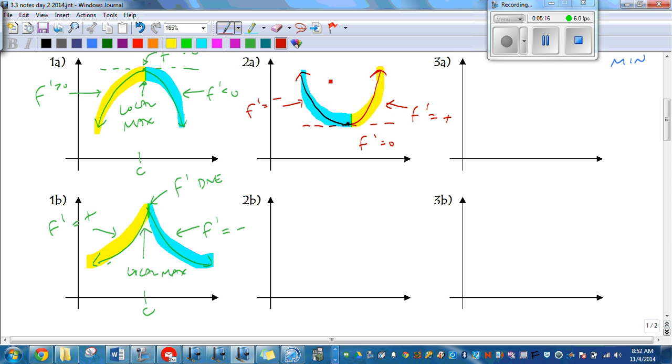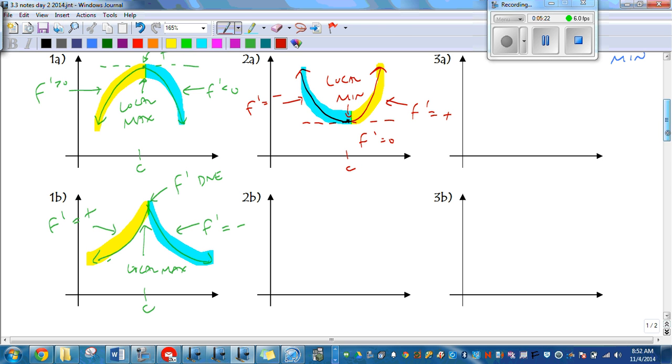So we end up with the local minimum at C. And again, we could have a sharp turn or a cusp at C where the derivative does not exist. But as long as it changes from a negative derivative to a positive derivative, then we end up with a local minimum.